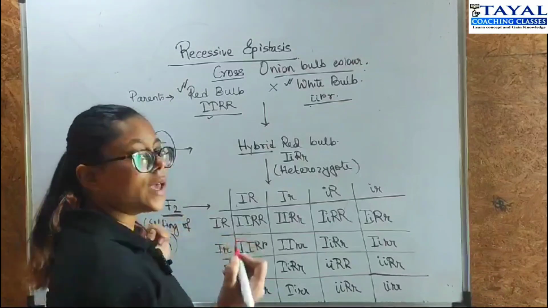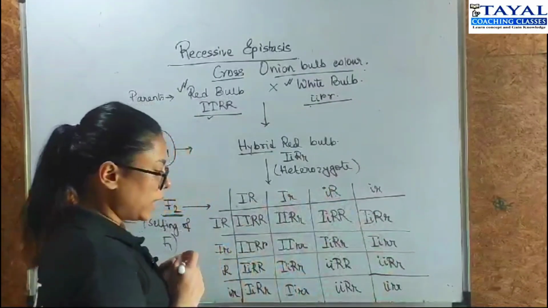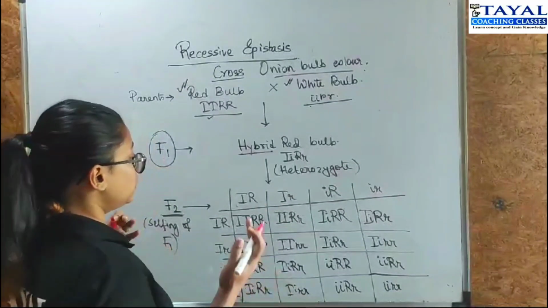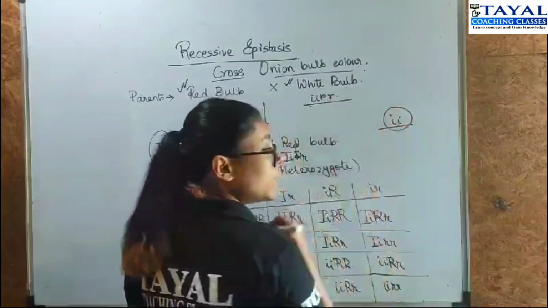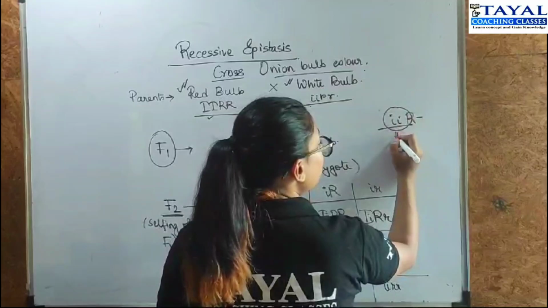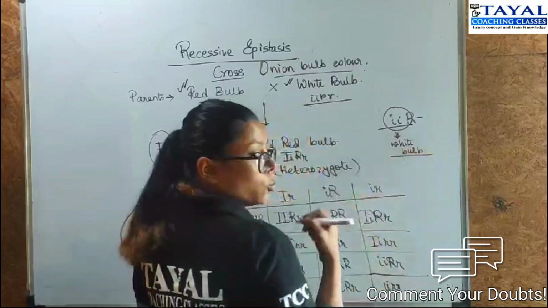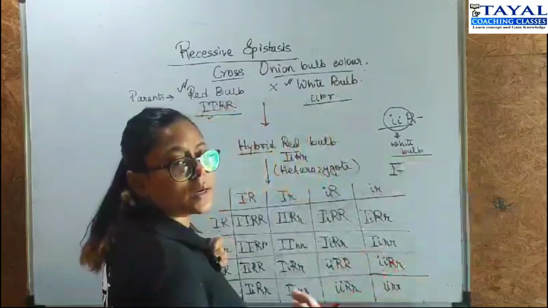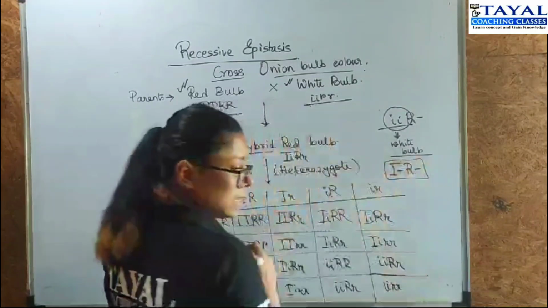So when we self F1, we get these 16 outputs, right? If you look at these outputs and remember the genotypes that I told you in the last video, then anything with a small i, because it becomes recessively epistatic, doesn't matter what the R is, will give you a white bulb, whereas anything with even one copy of capital I will follow whatever the R is telling it to do.